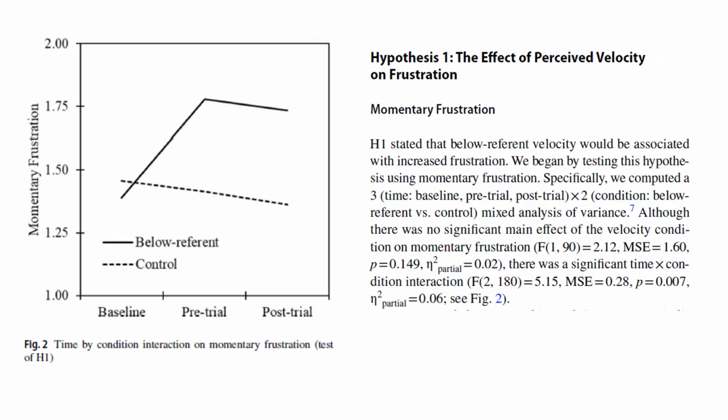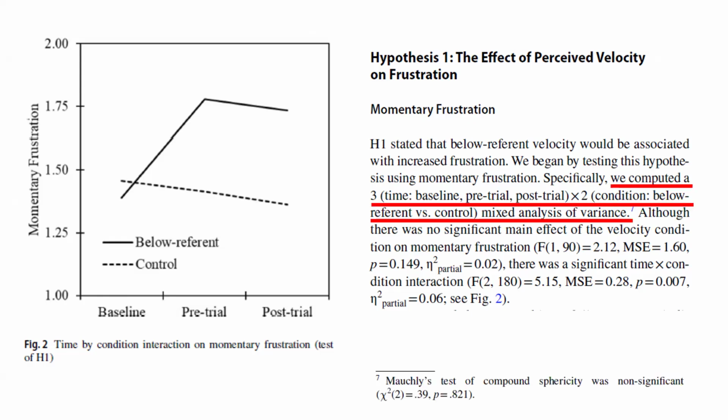If we look at this footnote here, footnote 7 says, first things first, we want to look at Mauchly's test to see if we have sphericity assumption violations. And we don't, so we can move forward assuming compound sphericity.